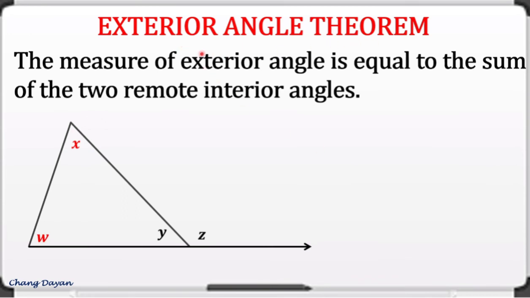Now, let us have the exterior angle theorem. The measure of an exterior angle is equal to the sum of the two remote interior angles. What are remote interior angles?